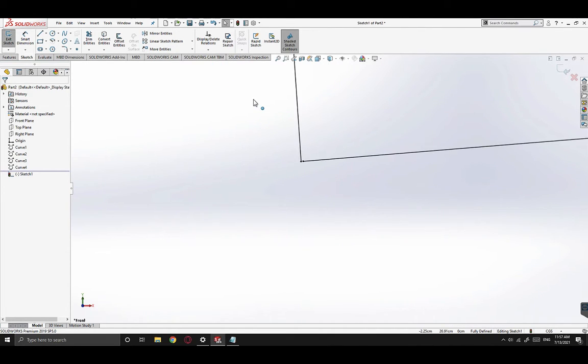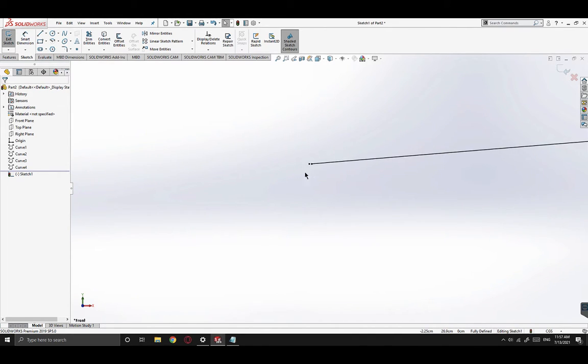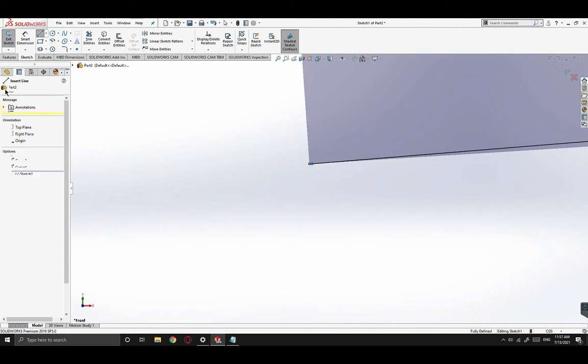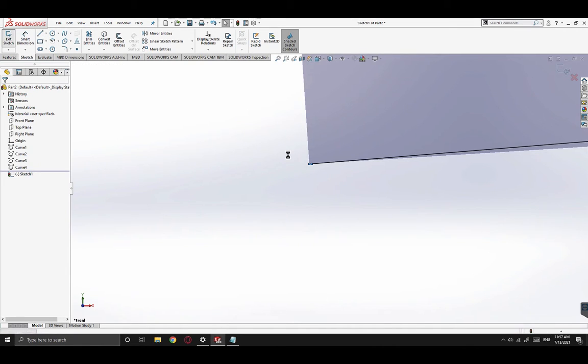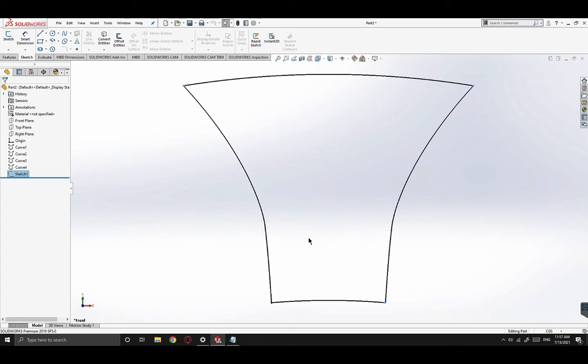No, but as you can see, it's kind of weird. Done. As you can see, now it's shaded.